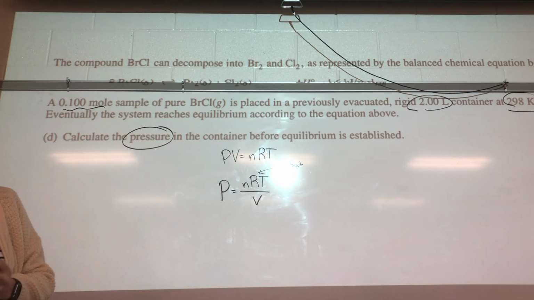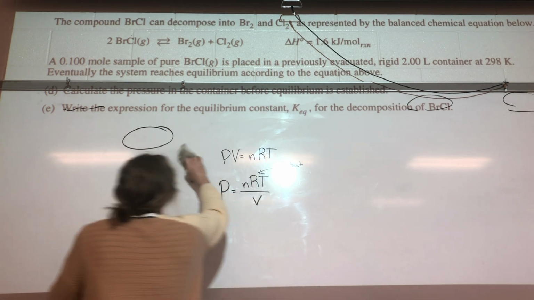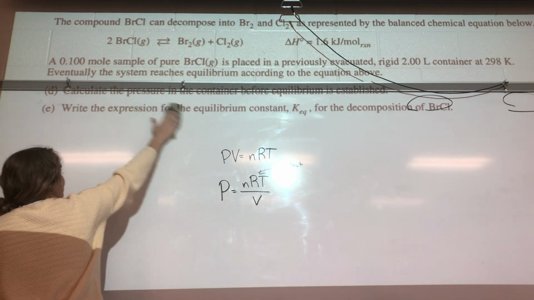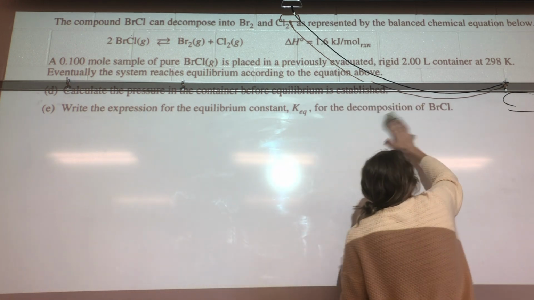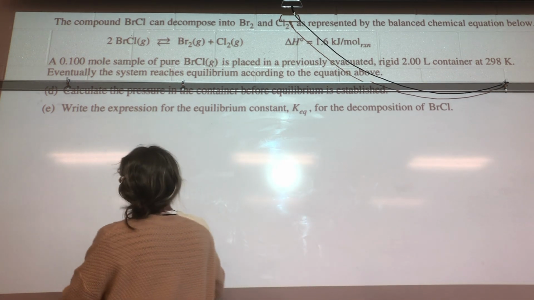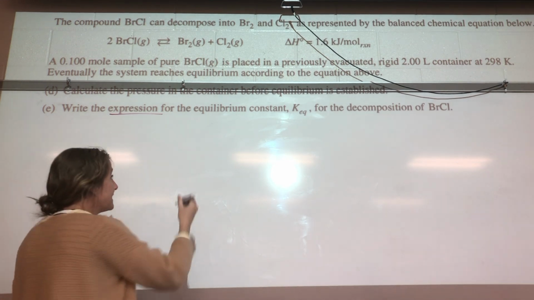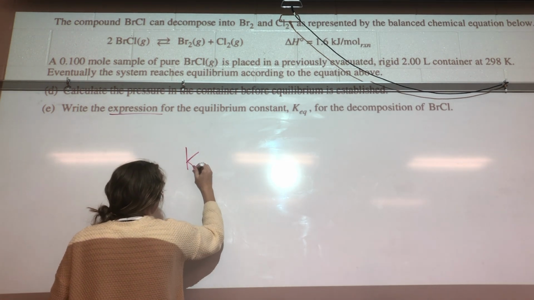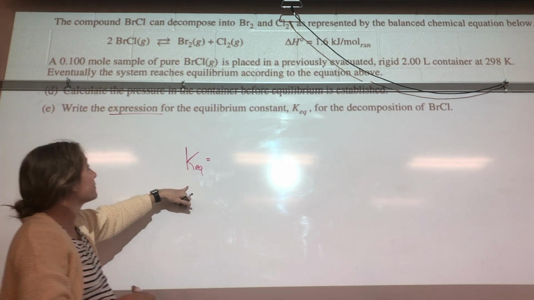Okay, part C just wants the expression. That word "expression" is a key thing to recognize, because expression just means the setup. You're not solving for anything yet. Keep in mind, and this is also on your formula sheet, all of our K's for equilibrium are products over reactants.